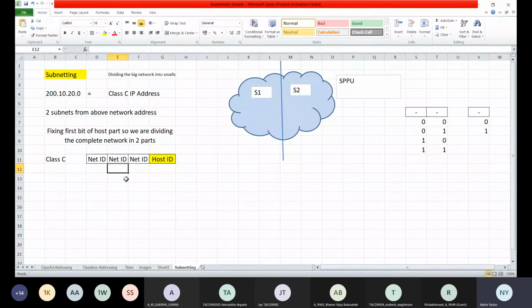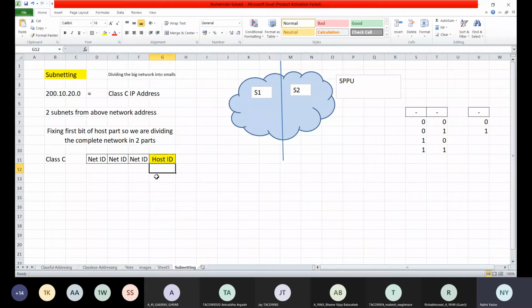What we have to do is divide the existing network into two parts. So I will be fixing something in the host part so that it gives me the subnet. So I said that I will be fixing the first bit of this host part. How do I fix this first bit of the host part? I will be having different ranges.